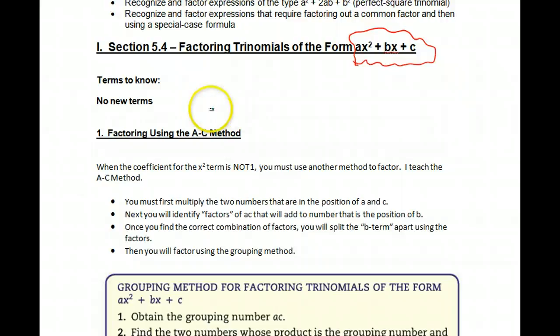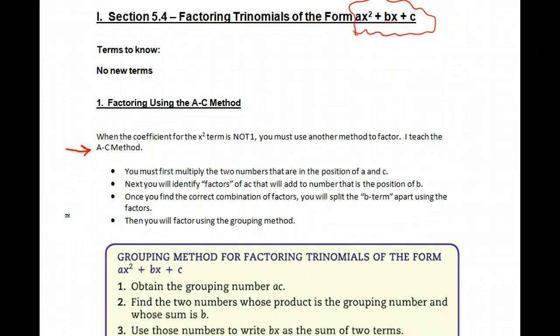And the method that I teach is called the AC method. In the AC method, you must first multiply the two numbers that are in the position of A and C. Next, you will identify factors of AC that will add to the position of B. Whatever number is in the position of B, you want to make sure that they add to that.